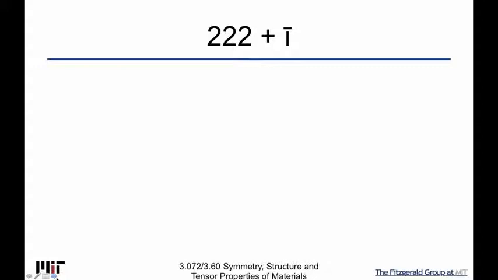Finally, we can ask what a 222 plus an inversion center gives. Almost by inspection by now, you should remember what we talked about, which is that the 222 axes are all twofold, and if I do inversion, I'm going to end up with mirror planes. It doesn't matter where I start.